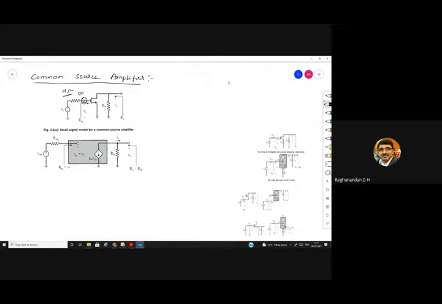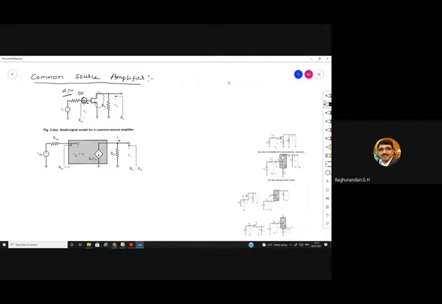Then coming to the outer part, with this condition where the gate has infinite resistance, no current is flowing. But this drain is giving current, which means we are imagining it as a current source. The drain gives the maximum current.